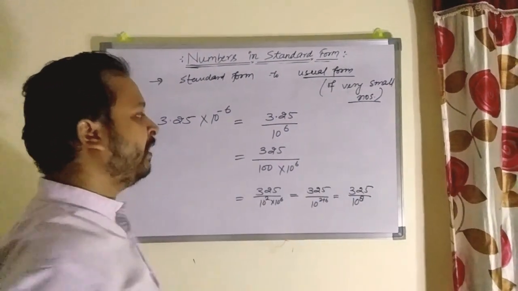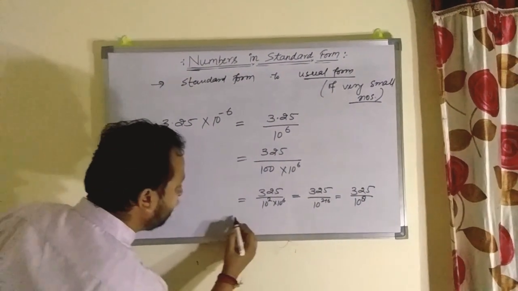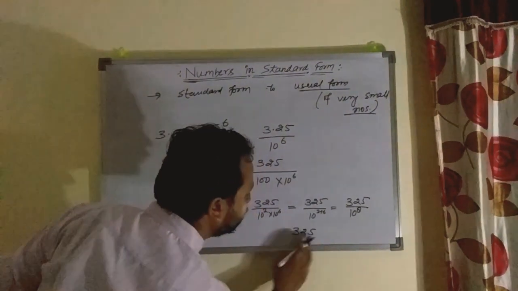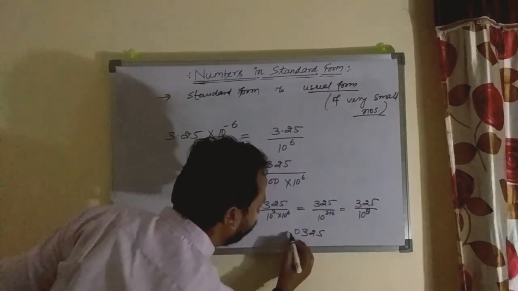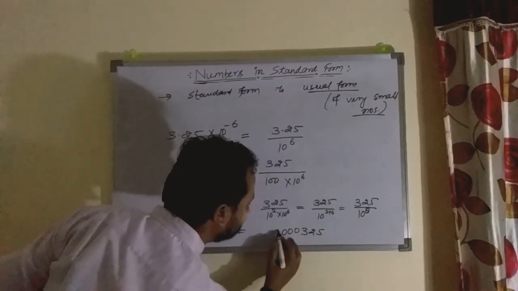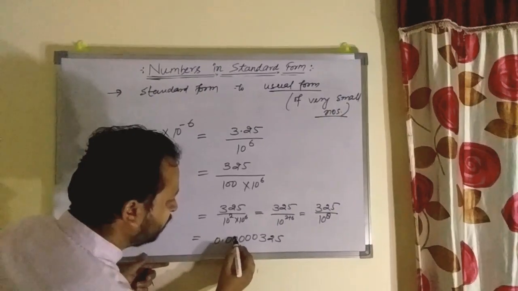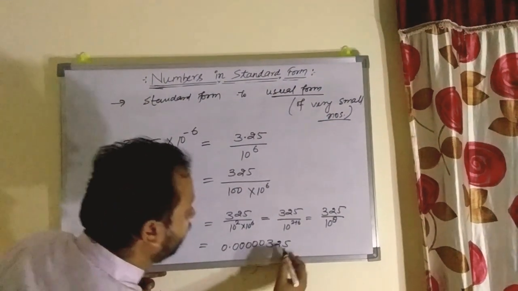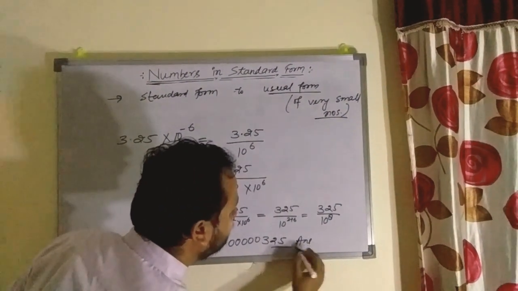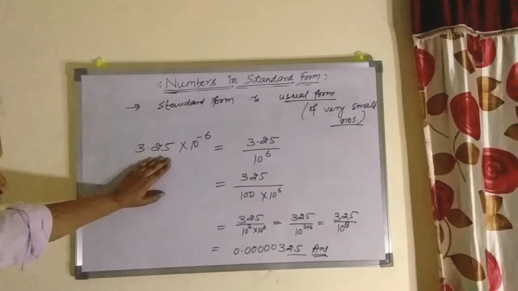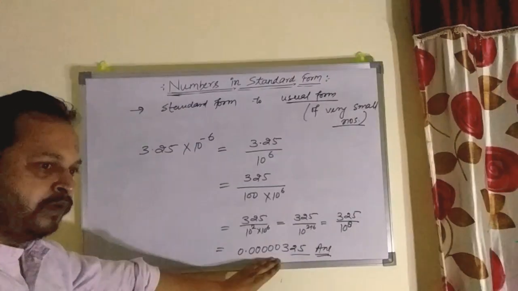So put the decimal before the 8th digit of the number. So 325, then 1, 2, 3, 4, 5, 6, 7, 8 and decimal. Right? So this is the answer. So this is the standard form and this is the usual form.